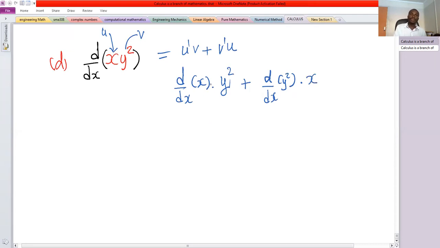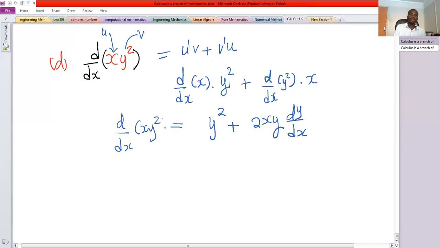Now d/dx of x is 1, so 1 times y squared gives y squared, plus d/dx of y squared. The normal power rule will give us 2y, but then you multiply by x, so 2xy. But because y is assumed to be a differentiable function of x, you attach dy/dx. So this will be the d/dx of this term x y squared.